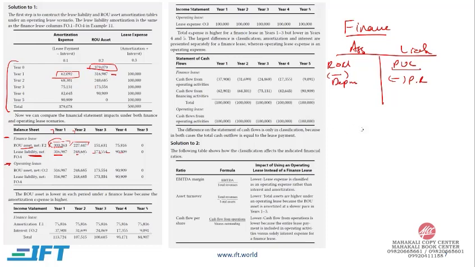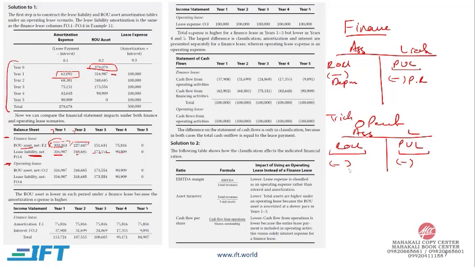Now under operating lease, again we have assets and liability, we will have right of use and present value of liability. Now right of use and present value of liability both would be subtracted. This is the trick over here. Both would be subtracted by principal repayment.